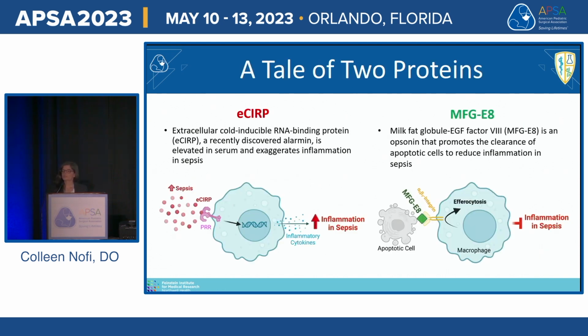My work focuses on two important proteins in sepsis, ECRP and MFG-E8. ECRP, or extracellular cold-inducible RNA binding protein, is a recently discovered alarmin that is elevated in serum and exaggerates inflammation in sepsis. On the other hand, MFG-E8, or milk fat globule epidermal growth factor 8, is an opsonin that actually promotes the clearance of apoptotic cells to reduce inflammation in sepsis.